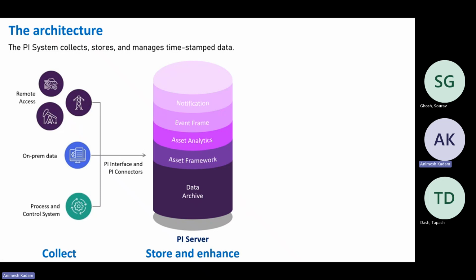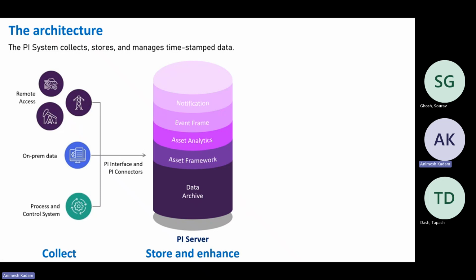So Pi data archive is not able to store the data in RDBMS format. No one parameter is related to another parameter in any way inside the data archive, because every parameter stores time series data. There will be a timestamp and a value, and that is the only thing they store inside a Pi tag.